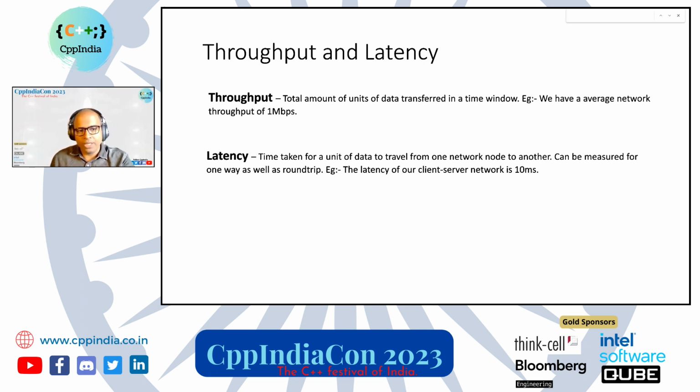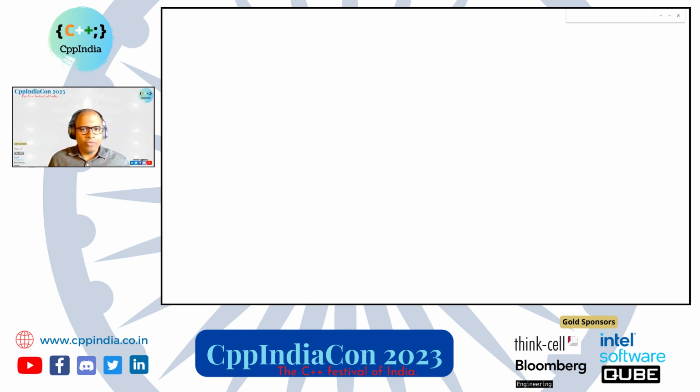If you say my client-server network latency is 10 milliseconds, it means that every request from my client takes 10 milliseconds to reach the server. And obviously, latency and throughput are not the same.